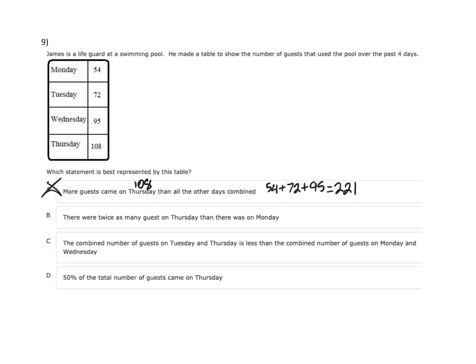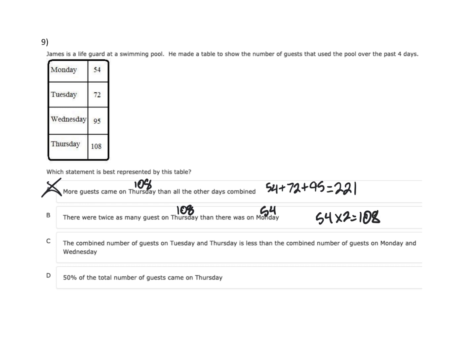Okay, next says there was twice as many guests on Thursday than there was on Monday. So Thursday was 108, Monday was 54. So if we do 54 times 2, we get 108, because that would be double. And B seems like a pretty reasonable answer.